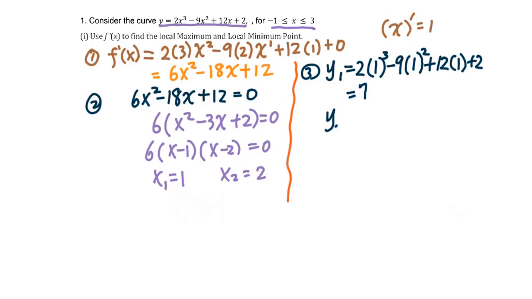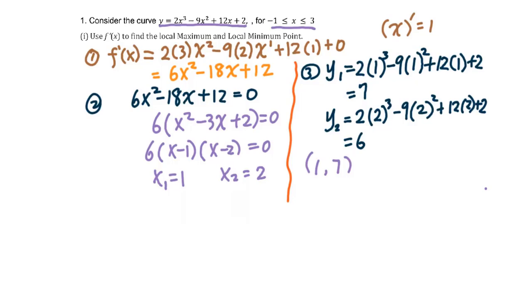For y2, you will substitute 2: 2 times 2 to the third power minus 9 times 2 squared plus 12 times 2, then plus 2, which equals 6. Now we got these 2 points: (1, 7) and (2, 6).